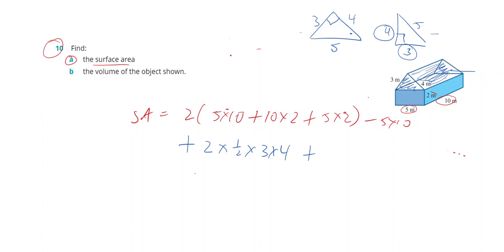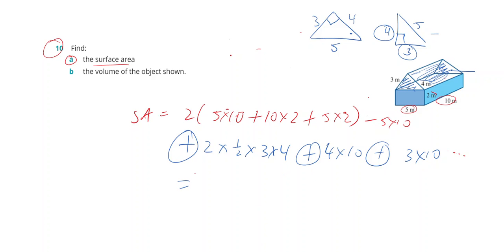Okay, this front side face would be 4 times 10, plus the area of the back side face, which is 3 times 10. So hopefully I've counted for everything.